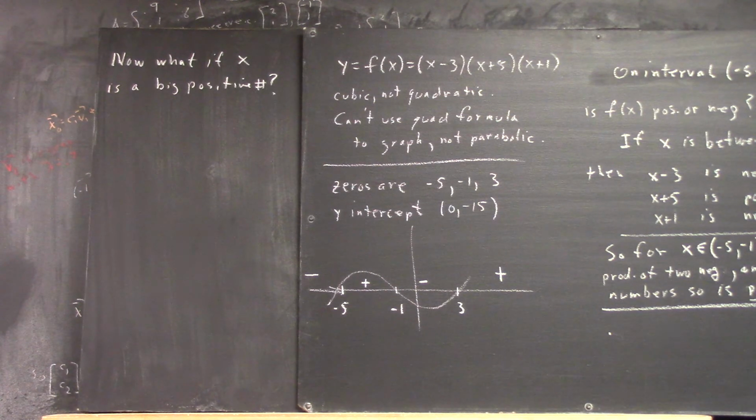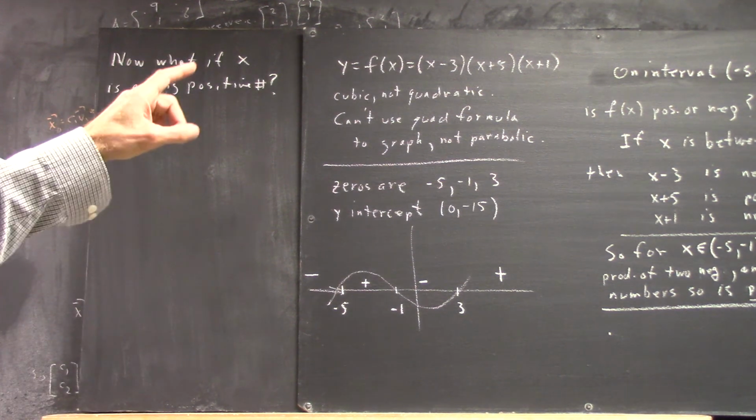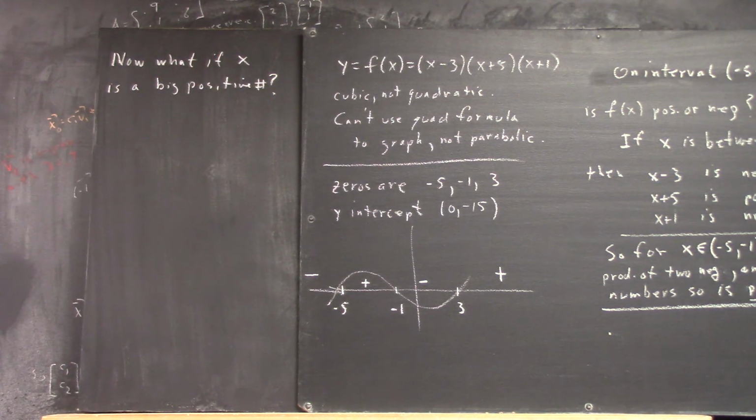Okay. If x is a big positive number, what does that do to x minus 3, x plus 5, and x plus 1?